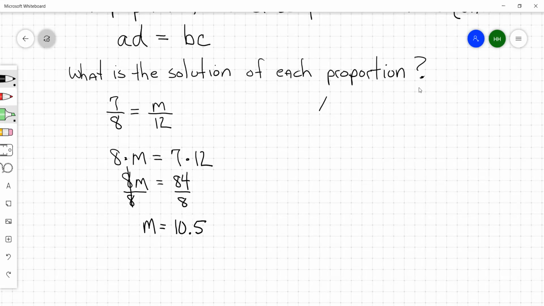If you got x over 7 equal to 4 over 5, I'm going to do the 5 times the x first, or the x times the 5. So 5 times x equals the 7 times the 4.